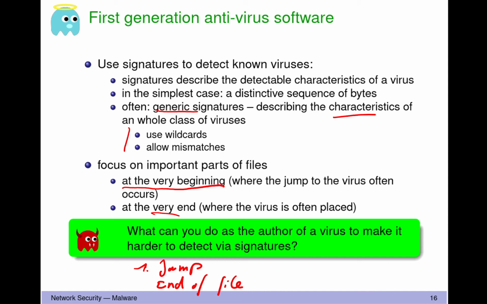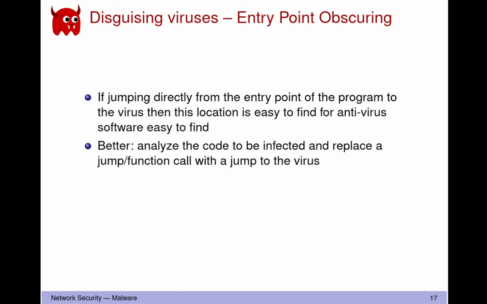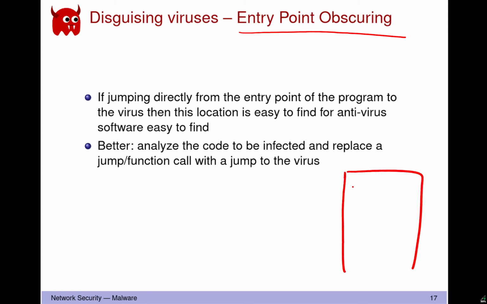So let's scope it out a little bit more broadly. If the first jump is analyzed by the antivirus software in detail, maybe the other jumps are not so closely watched. So what you could do is entry point obfuscation. Previously, as we had it, here's the prefix, then there's the jump to the end, and that was showing that this is a virus.